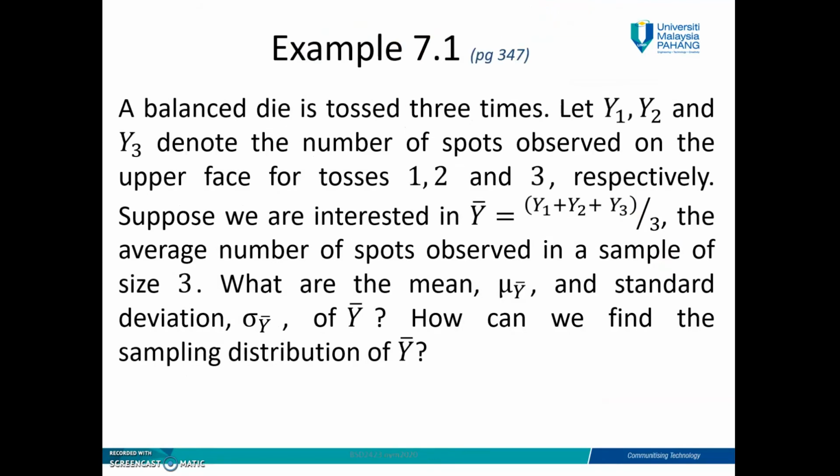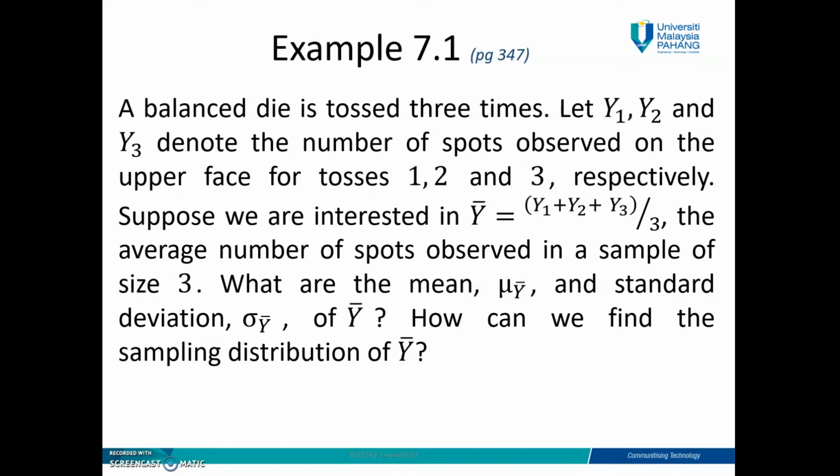Okay, so look at Example 7.1, page 347. Let's say you have a balanced die tossed 3 times. You know that when we have one die, you have how many outcomes? 6 outcomes. But this one you toss how many times? 3 times. So let y1, y2 and y3 denote the number of spots observed on the upper face for tosses 1, 2 and 3 respectively.